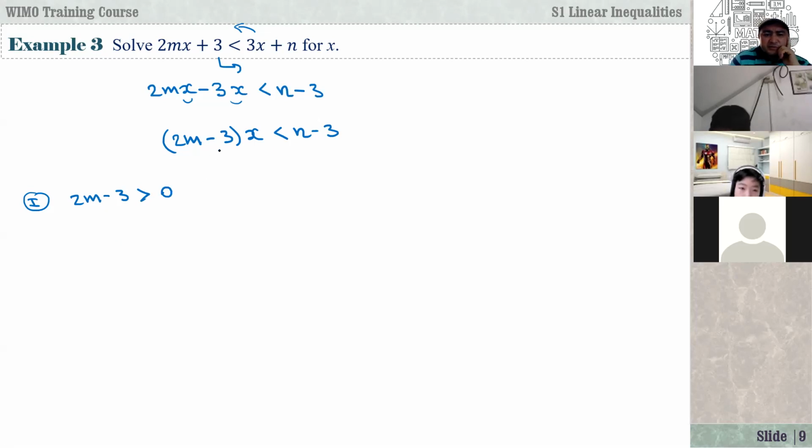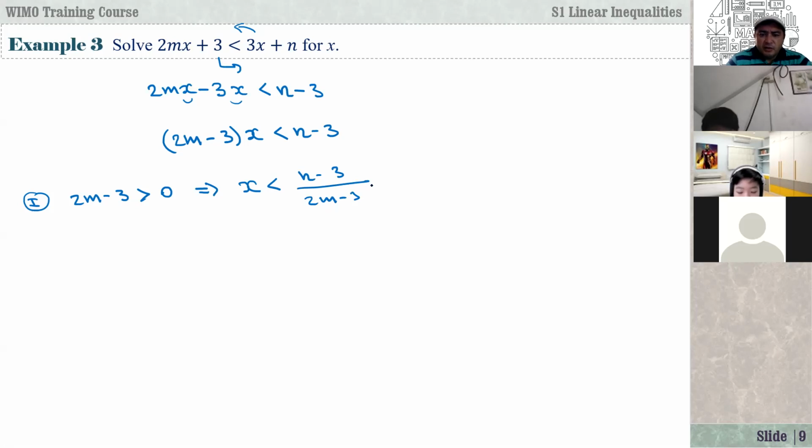And if 2m minus 3 is greater than 0, I can divide both sides by 2m minus 3. At that time, on the left, we will have only x is less than n minus 3 over 2m minus 3, right?